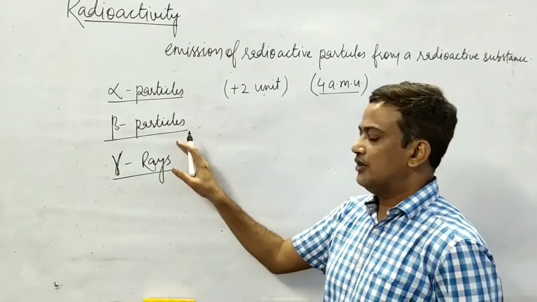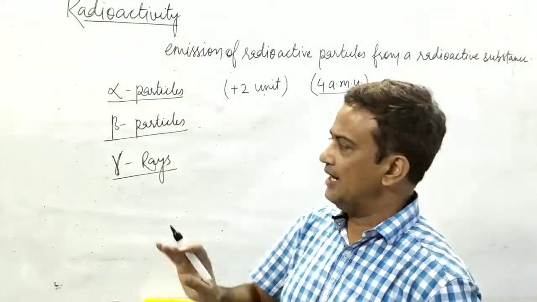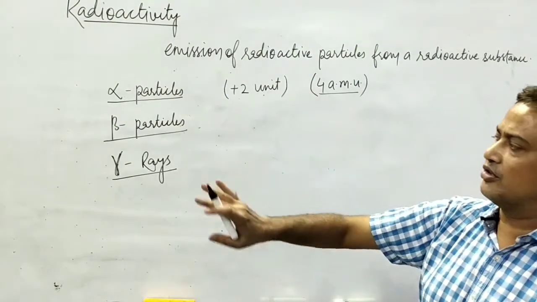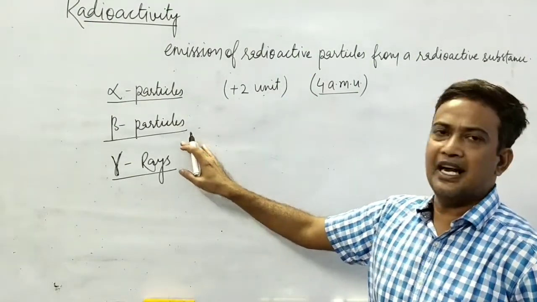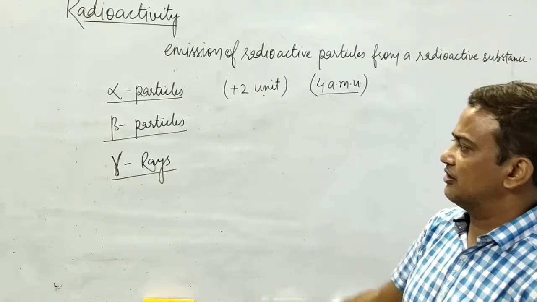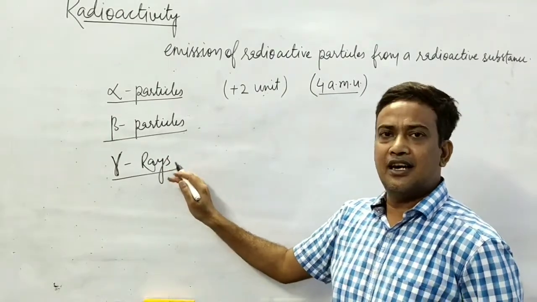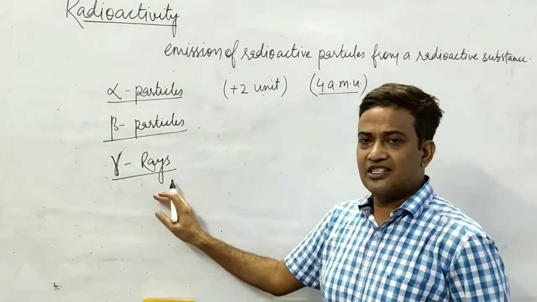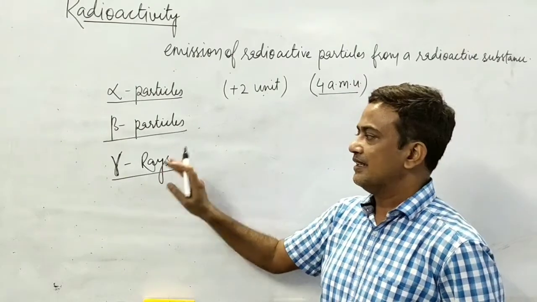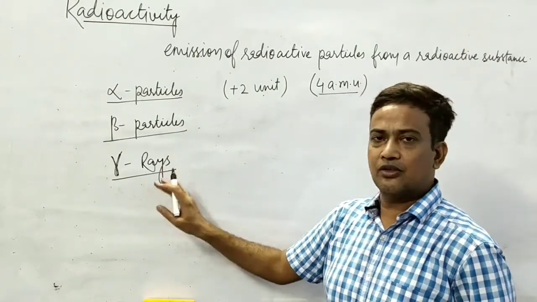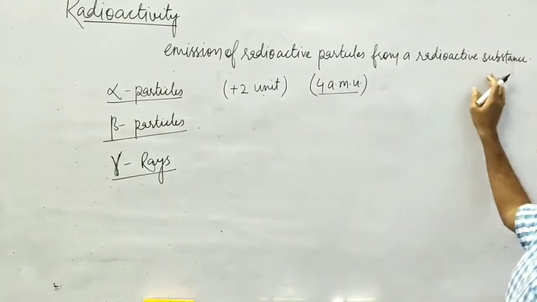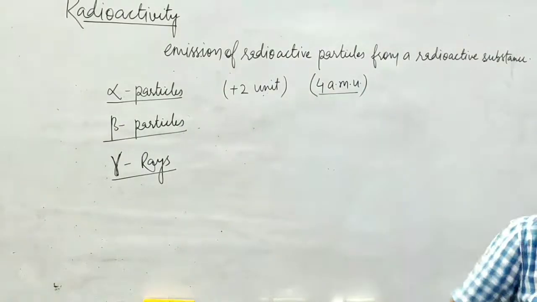It means they have -1 unit charge and mass is almost the same as that of an electron, that is, negligible mass. Gamma rays are chargeless and massless radiations. They are also emitted from radioactive substances.